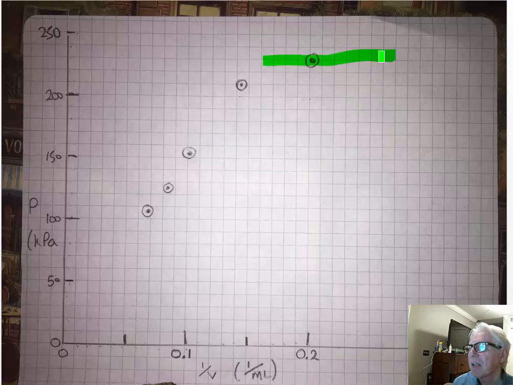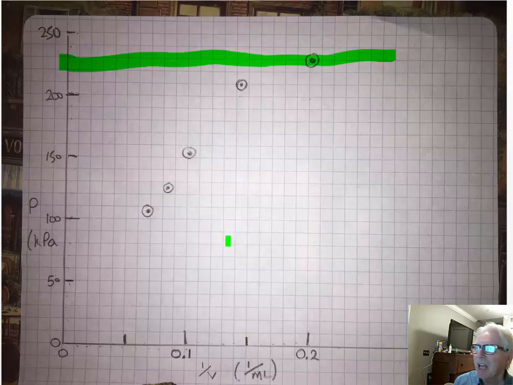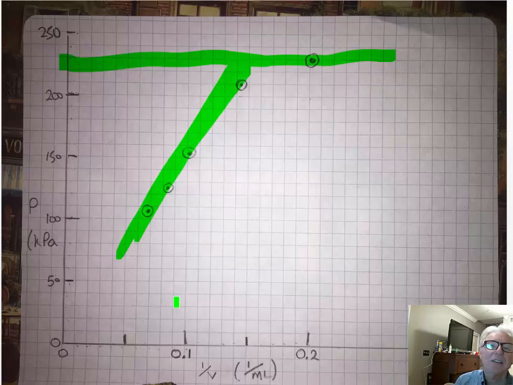So it may be that that's the maximum output value for my pressure, and I just ran into it. Okay, I'd like to find that out before I go home.